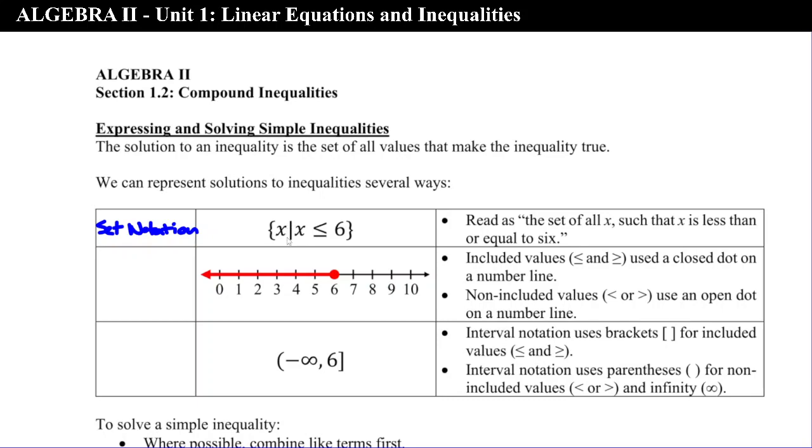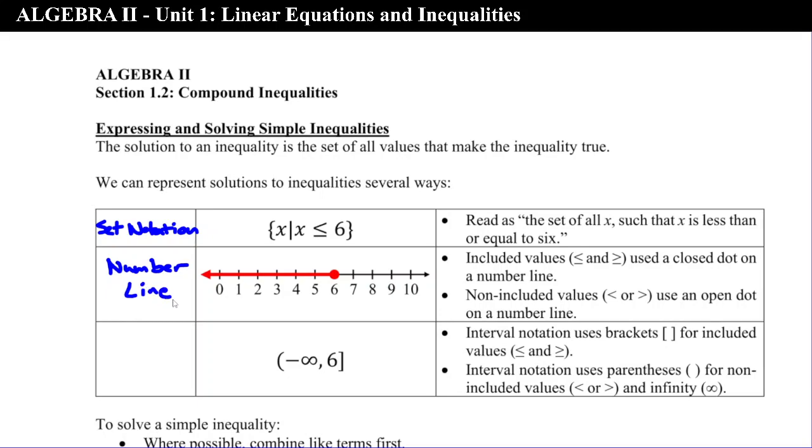Now that vertical line represents such that. That's mathematical shorthand for the phrase such that. So the way this would read is the set of all x such that x is less than or equal to 6.